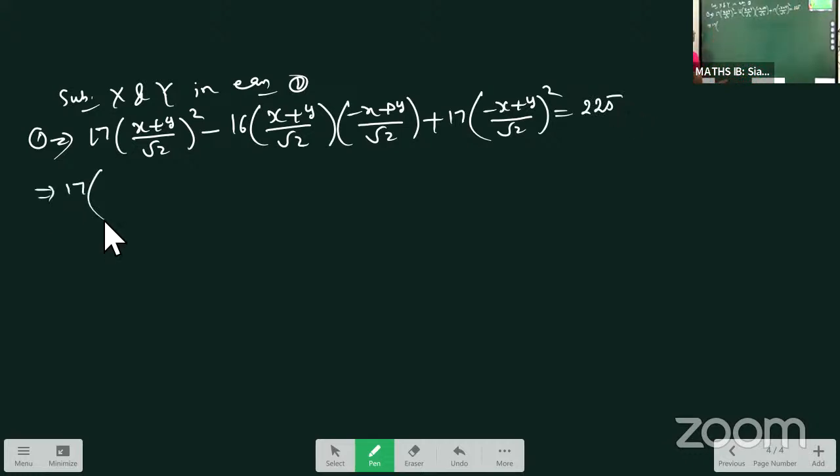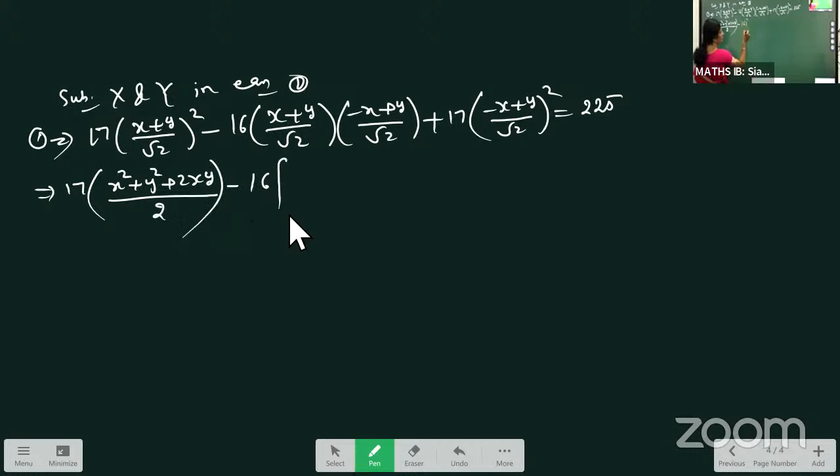17 into expand a plus b whole square: x square plus y square plus 2xy by root 2 whole square is 2, minus 16 into, you can take the a plus b into a minus b format. If you do not understand, just do direct simple multiplication.